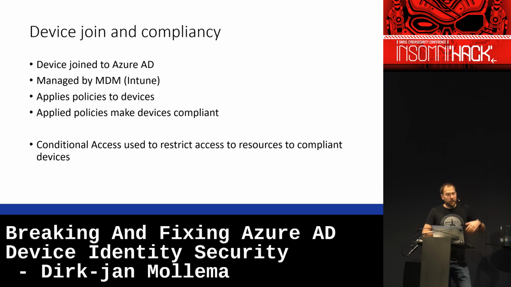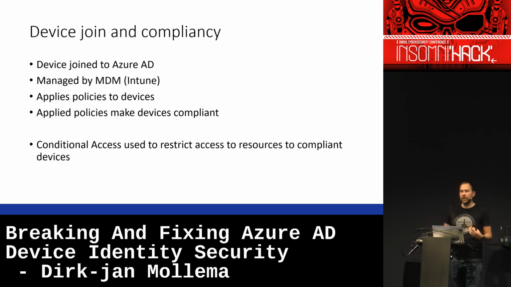Now, in Azure AD security, you have various options to really secure your infrastructure. And if you're looking at the strictest way that you want to enforce people in your organization to only sign in from trusted devices, then you'll be joining your device to Azure Active Directory. You make sure that it's managed by an MDM such as Intune, and Intune applies all kinds of policies to devices.